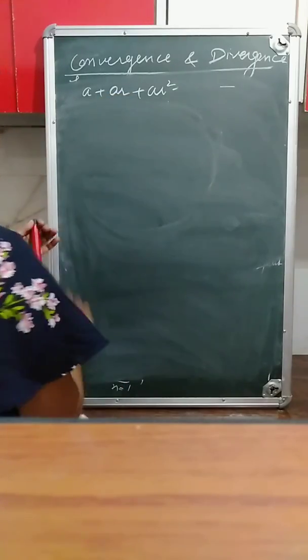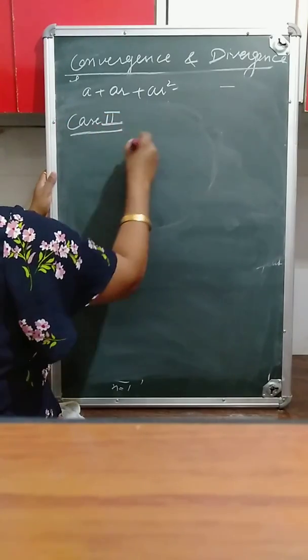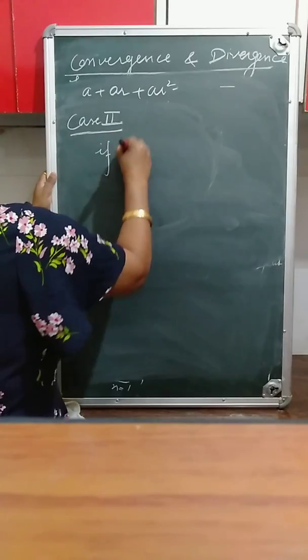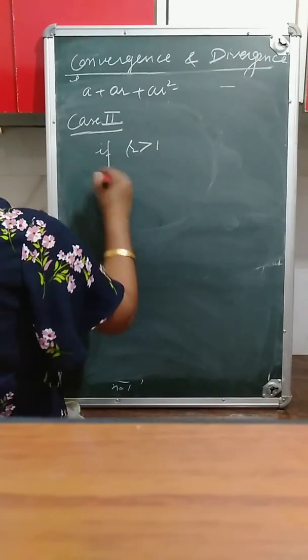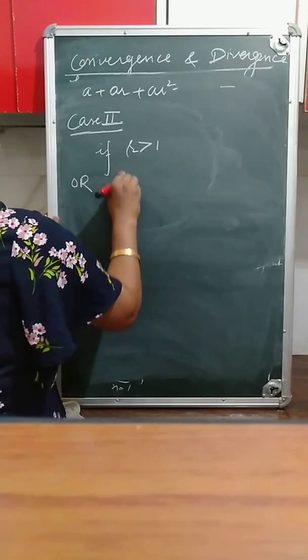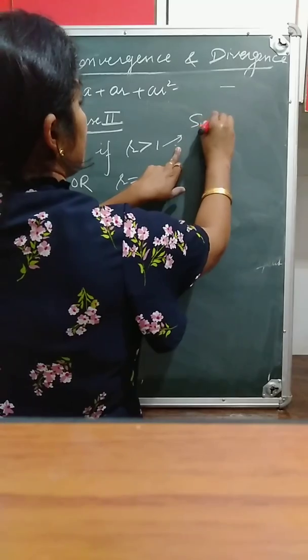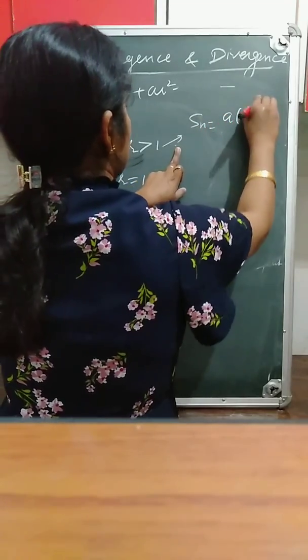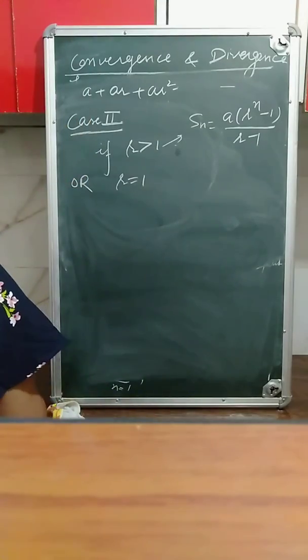Case 2. If r is greater than 1, in this case Sn will be a into r raised to the power n minus 1 upon r minus 1.